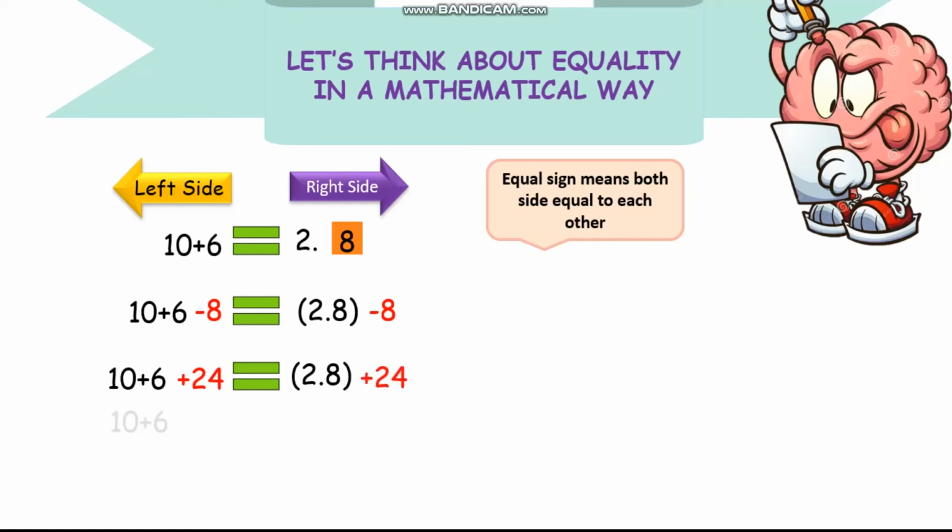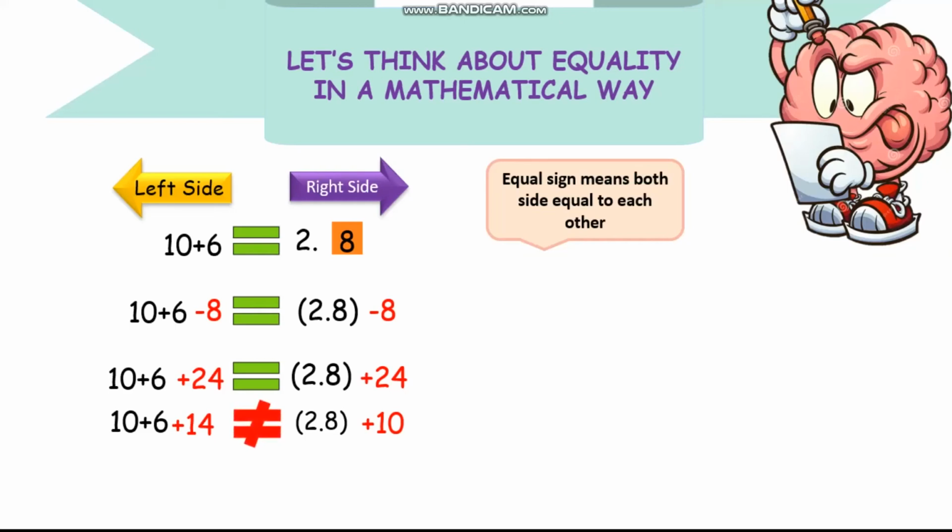What else? Let's say for this one I add 14, but for the right side I add 10. Let's compute. For the right side we can say the calculation equals 26, but for the left side the calculation equals 30.